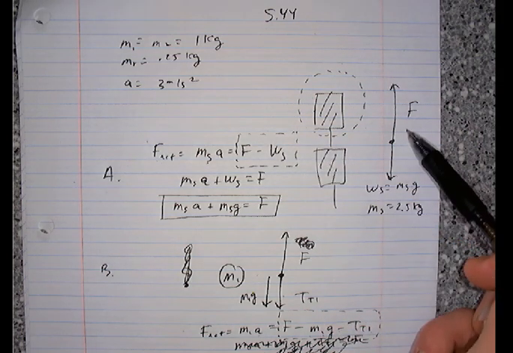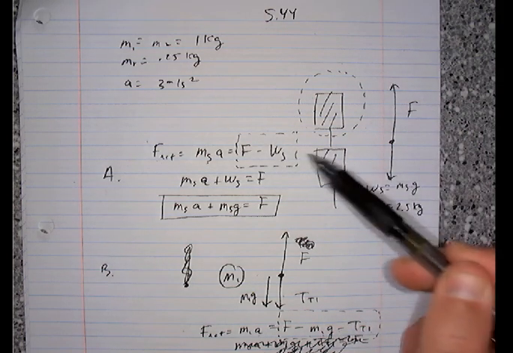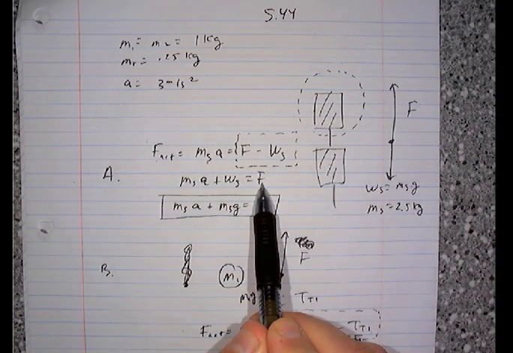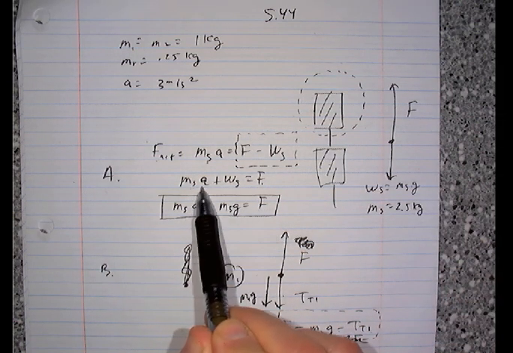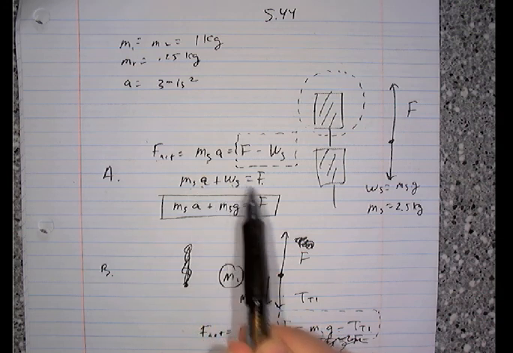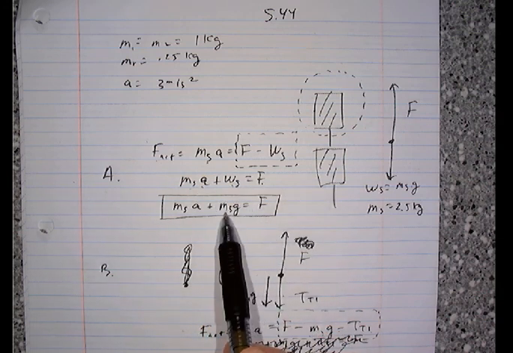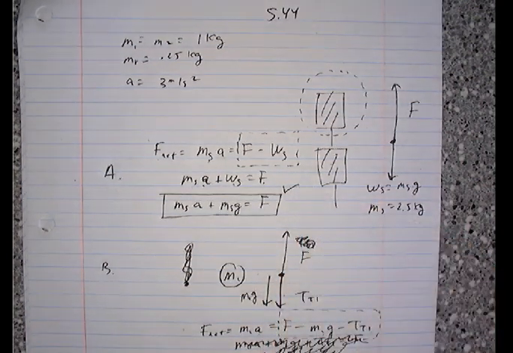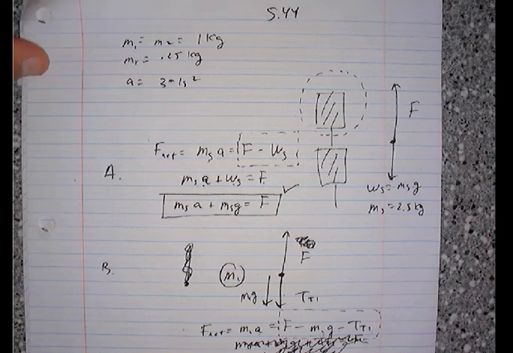So we've got F up, weight of the system down. A little bit of algebra. This force we're looking for would be mass of the system times a plus weight of the system. And then the weight of the system is mass of the system times g. And this is how you can get the outside force on the system.